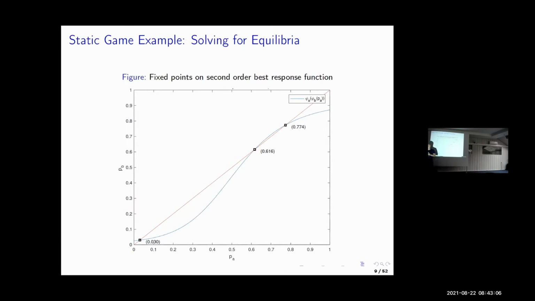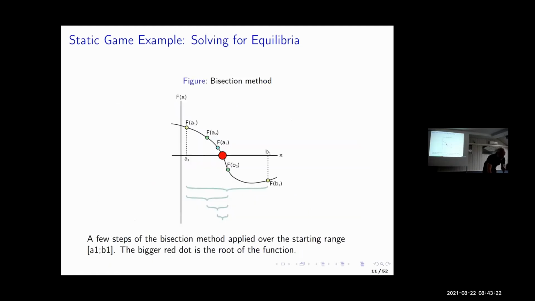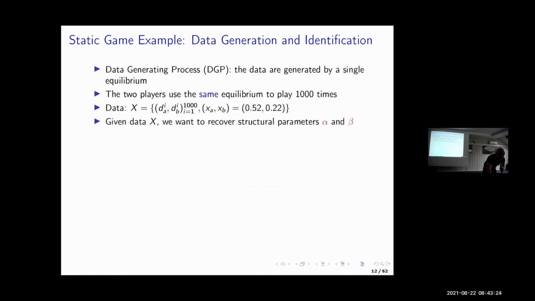It's going to be trapped in between those 2. You're going to find all these 3 equilibria, and we have a surefire way of finding all these equilibria in this particular very simple example. And this is what it says on this slide. And here's the bisection method.